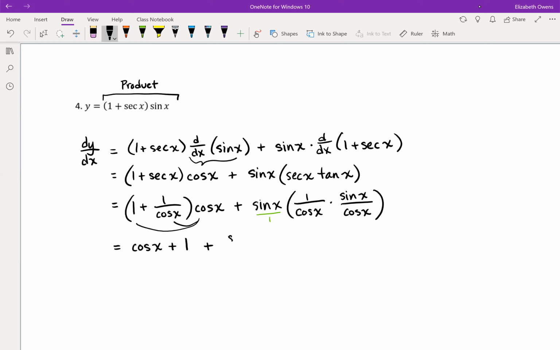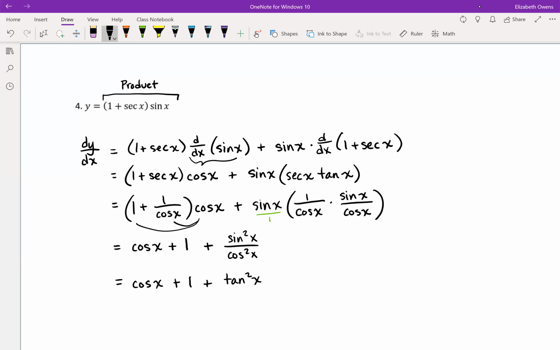Ultimately, that would give us sine squared x over cosine squared x, which is the same thing as, I'll put it down here, cosine x plus 1 plus tangent squared x.